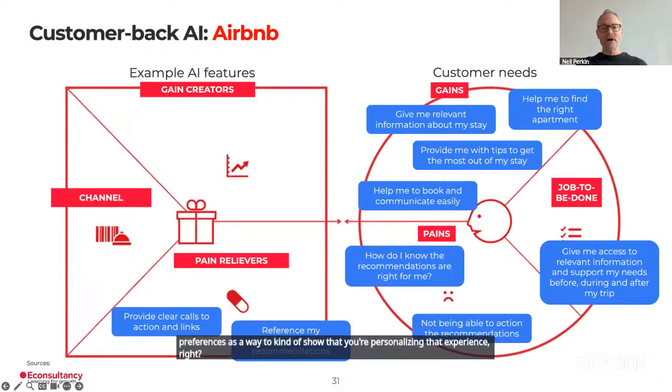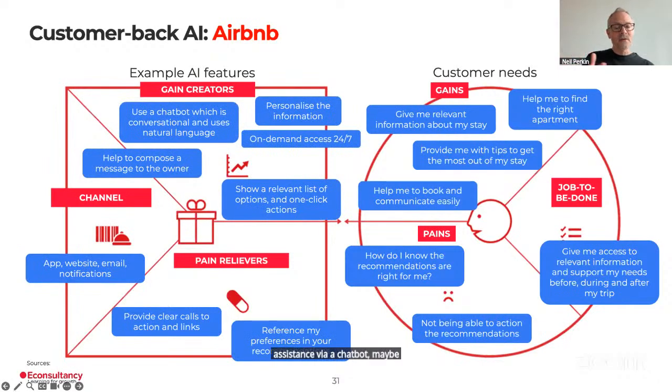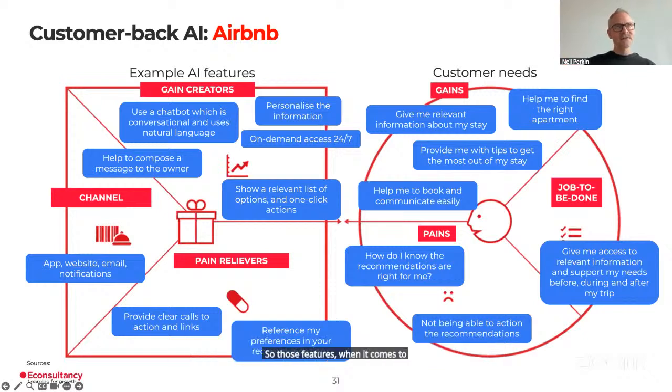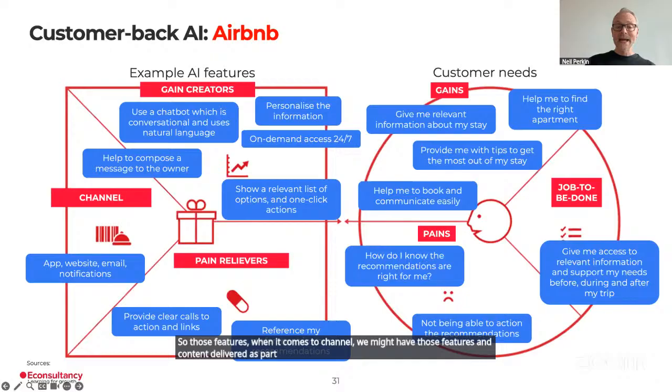So, on-demand, real-time access to answer queries and assistance via a chatbot, maybe. You've got lots of other ways of addressing directly the gains that you've identified and the pains that you've identified as well. So when it comes to channel, we might have those features and content delivered as part of the in-app experience.